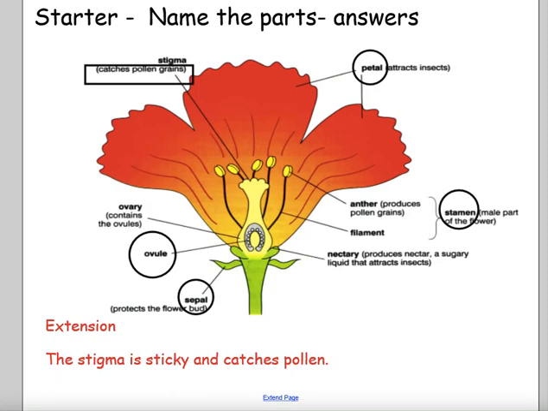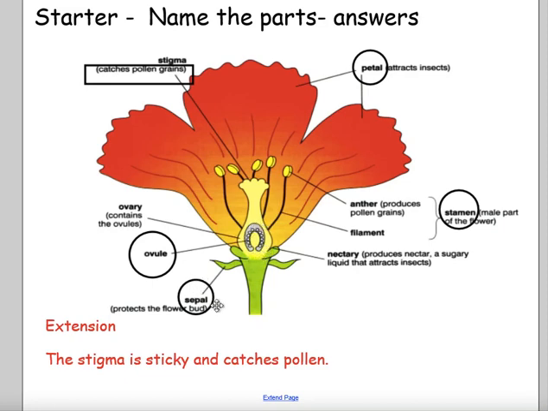Check your answer then. So we had A is the petal. So the petal are the coloured parts that attract the insects. The anther and filament are the male part, which are called the stamen. The ovule are the cells produced in the ovary, which are the female cells for reproduction.